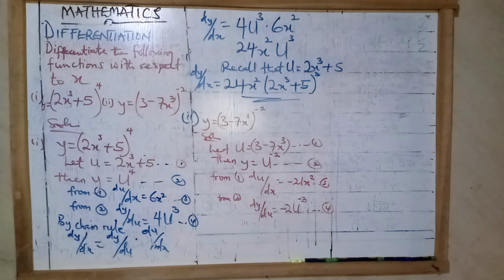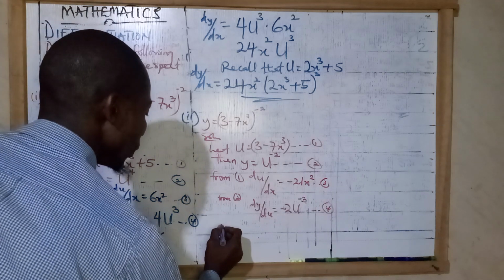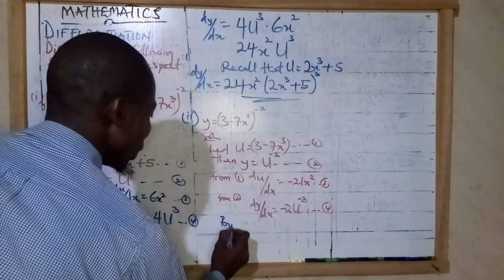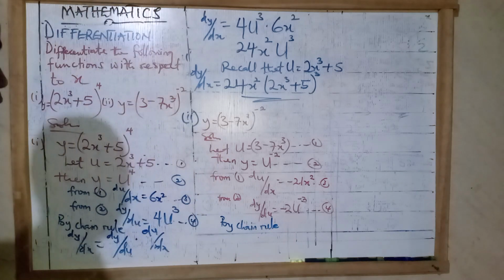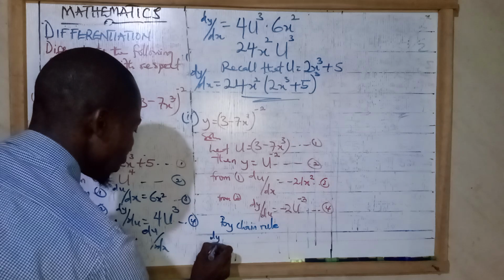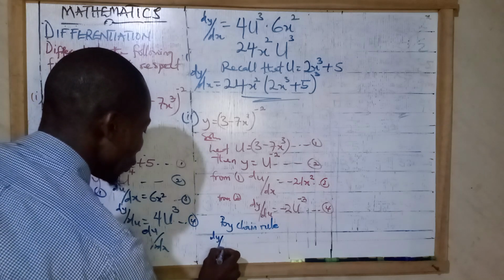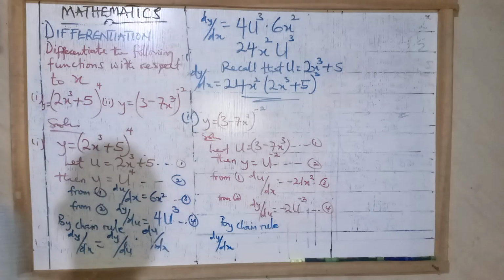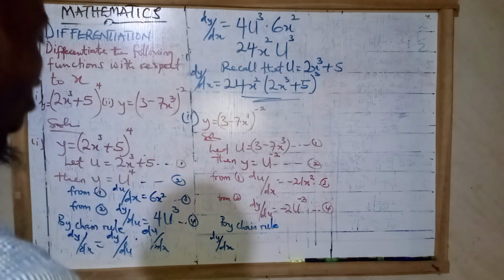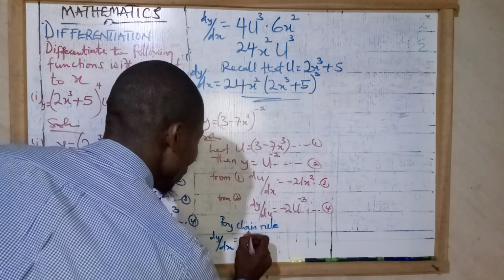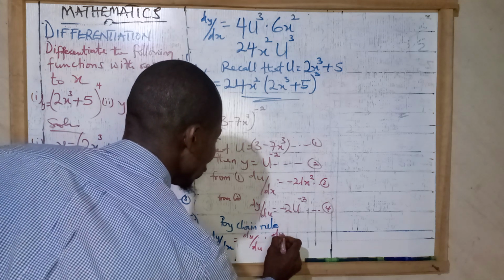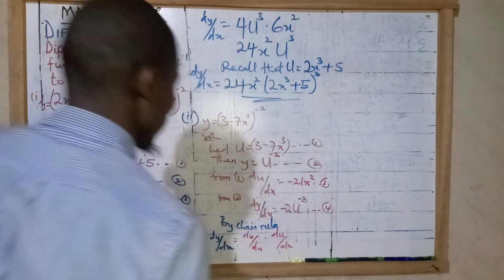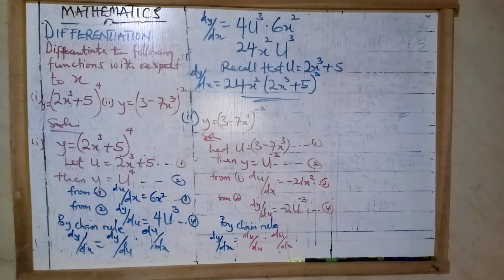Now from the knowledge of chain rule, we have dy/dx being equal to dy/du times du/dx. And what is our dy/du?